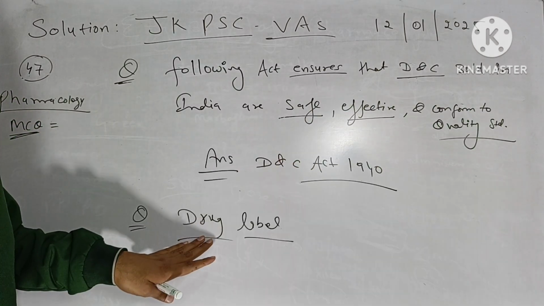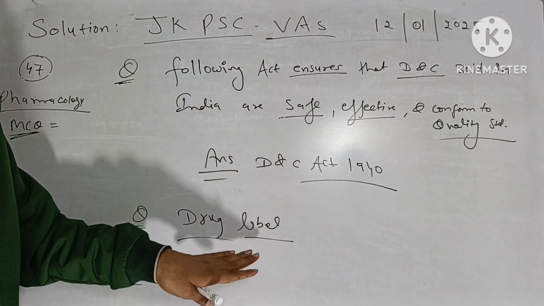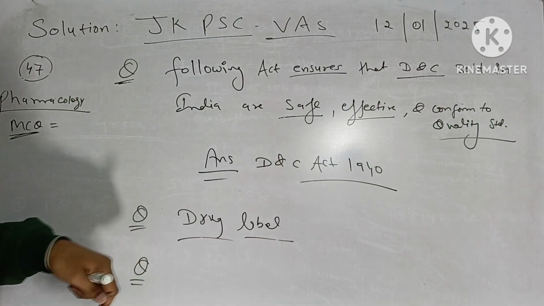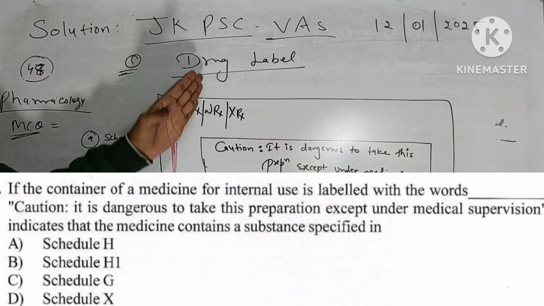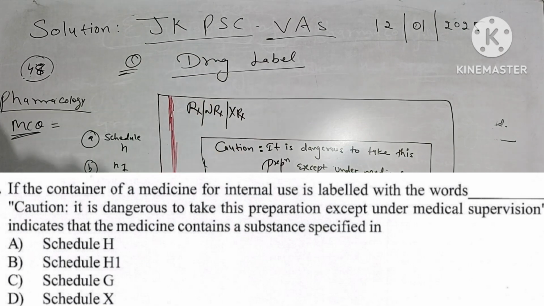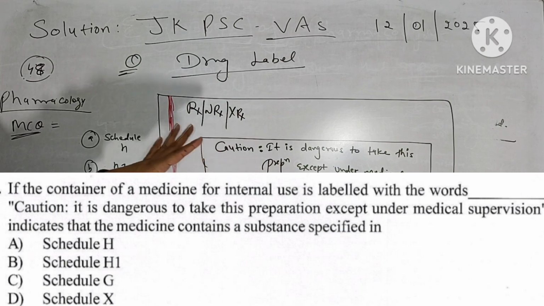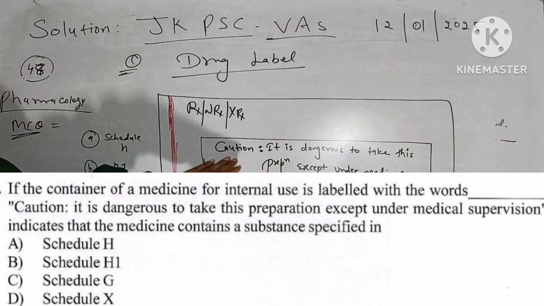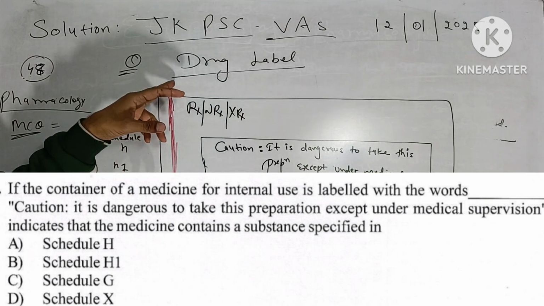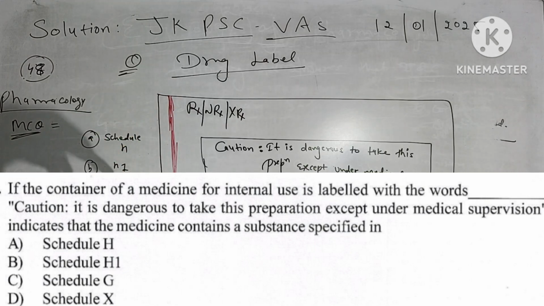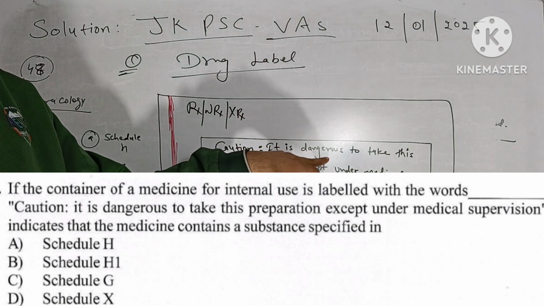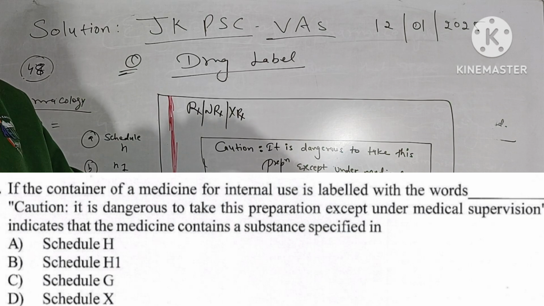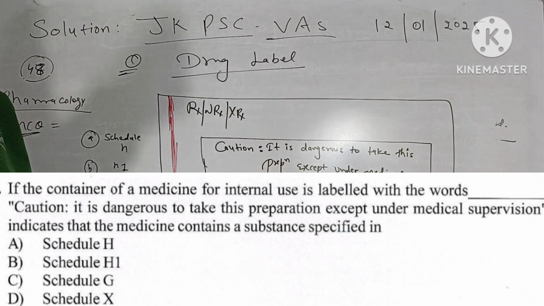The second MCQ asked from this Drug and Cosmetic Act is related with the drug label. Here they have given a label statement and asked which schedule of the Drug and Cosmetic Act it belongs to: H, H1, G or X. What is written is, it is dangerous to take this preparation except under medical supervision.